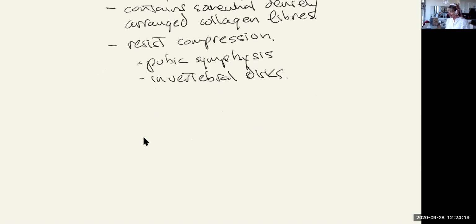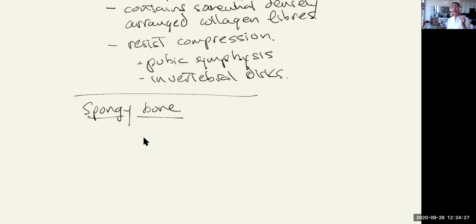One quick thing that I haven't covered is spongy bone. So inside your compact bone is spongy bone. In particular, it fills the head of your long bones, like your femur.